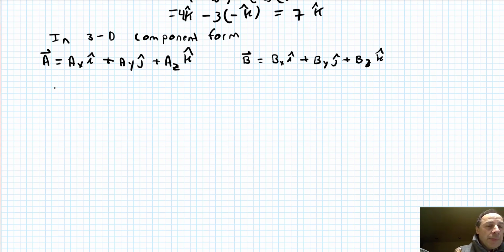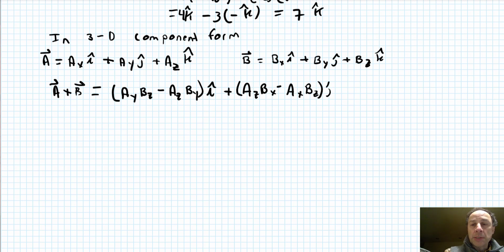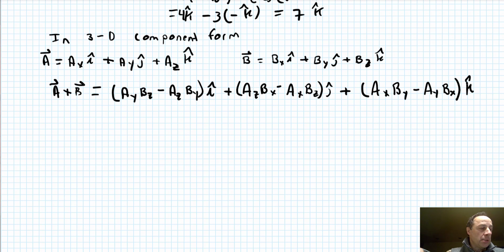All right, now when you do A cross B, what you end up with is AyBz minus AzBy, that whole quantity in the i hat direction, plus AzBx minus AxBz, that whole quantity in the j hat direction, and plus AxBy minus AyBx in the k hat direction.